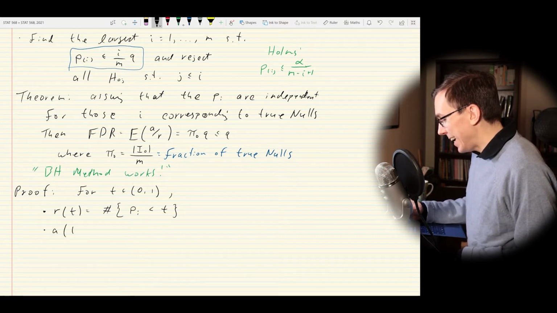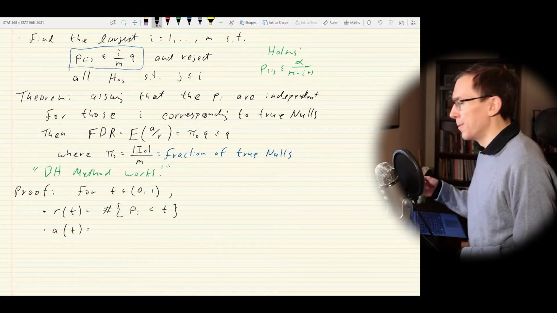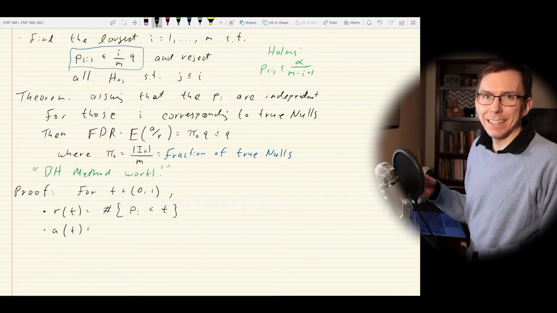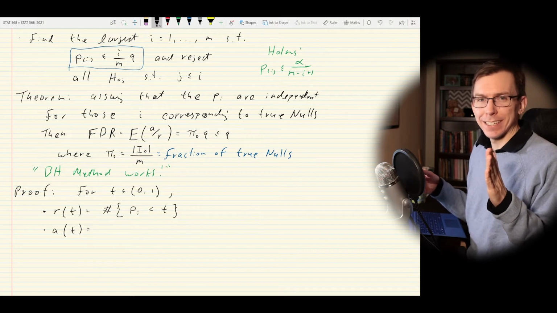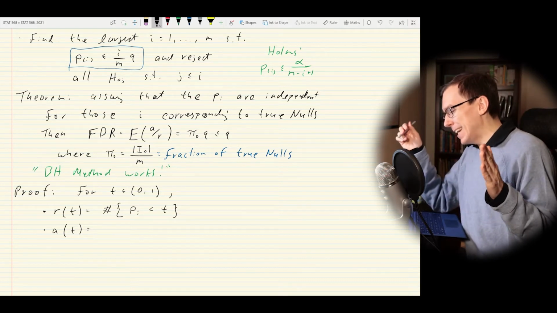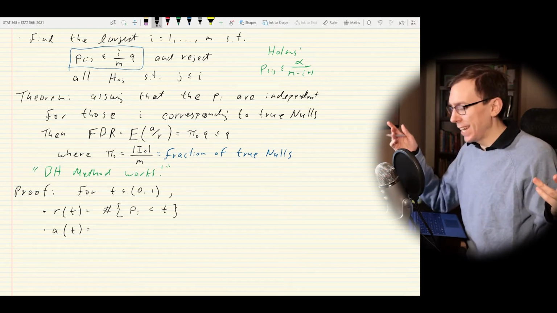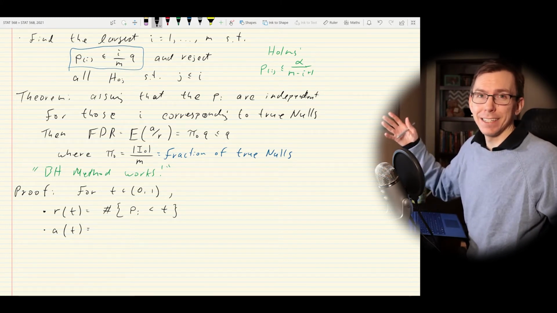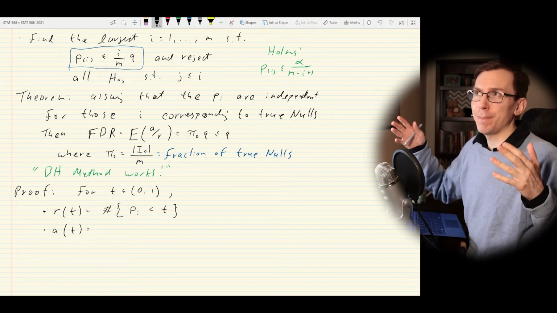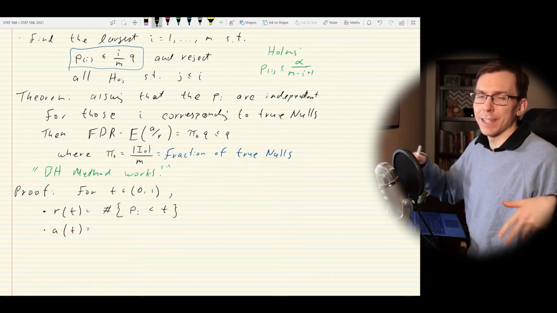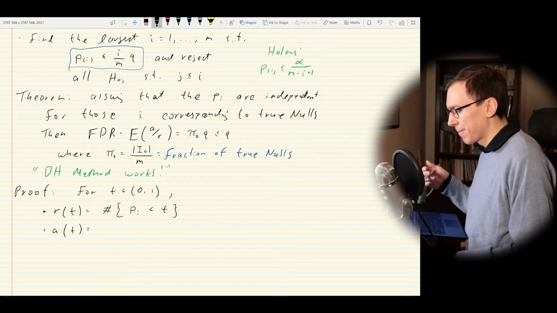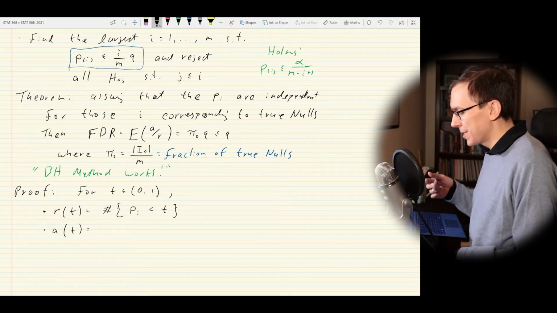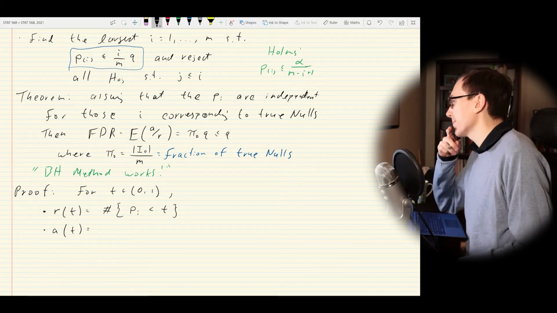And we're also going to have an A_t. You can think of R_t as if I set a threshold for rejection, like if I set t to be 5%, then R_t is the number of hypotheses rejected, the number of p-values that are less than 5%, or the number of nulls that I would reject if the test size were 5%, for example.